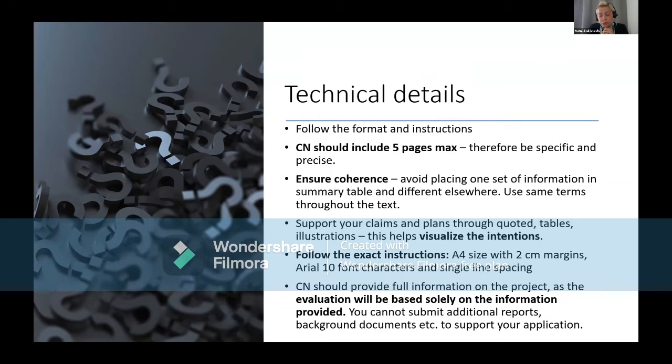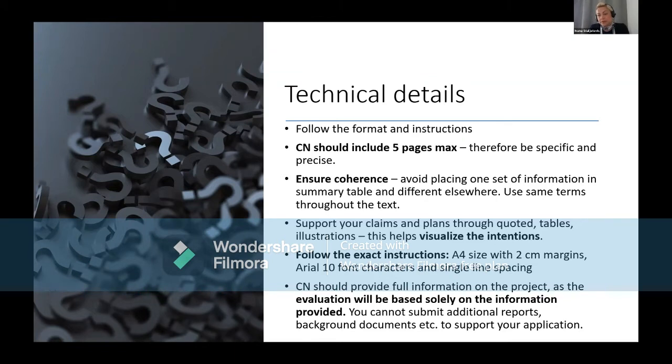You need to follow all the exact instructions, such as you need to use A4 size with 2 centimeter margins. You should use Arial 10 font characters and single line spacing. It seems like very detailed instructions, but yes, you need to follow them.